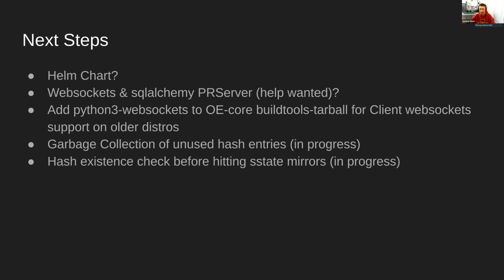You know, those negative hits can be expensive. So one of the ideas that's been proposed is to ask the hash equivalence server if a given hash exists before we go try to pull the sstate object for it to try to minimize the number of those negative hits that we're making to the sstate mirrors.